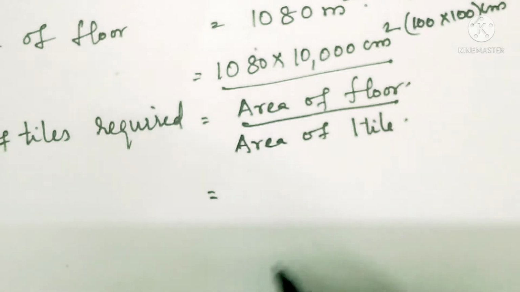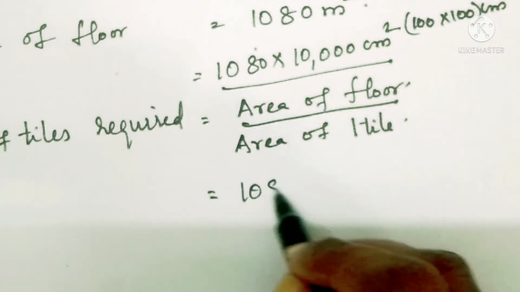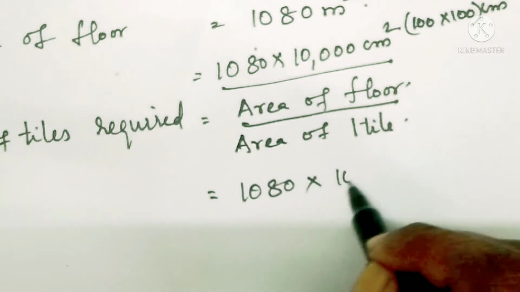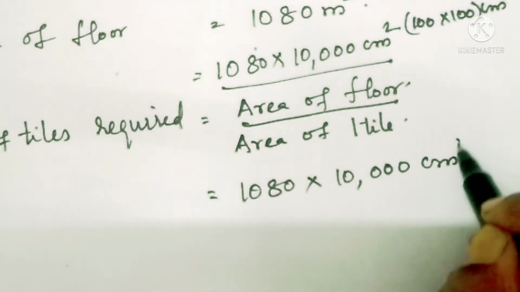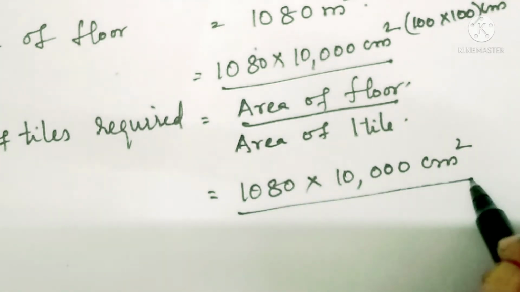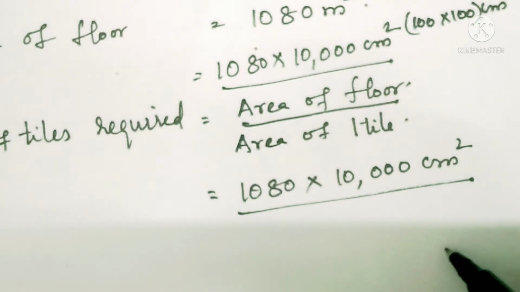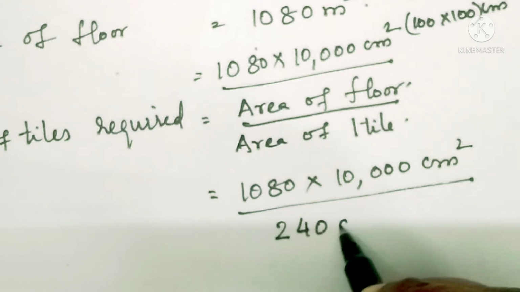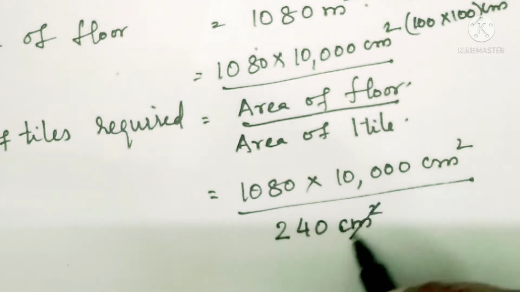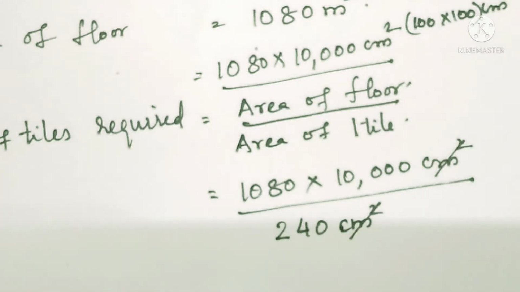So what is the area of floor? We got 1080 into 10,000 centimeter square upon the area of one tile, which we got as 240 centimeter square. First of all, centimeter square cancels, because we are going to get a number.